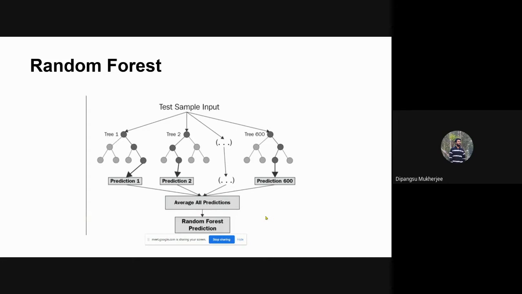That means majority of 1 or majority of 0. If the majority is 0, we will take 0, otherwise we will take 1. Or we can take the average: if it tends to 1, we will take the value 1, otherwise we will take the value 0. So this is called the random forest. The random forest is based on many decision trees.